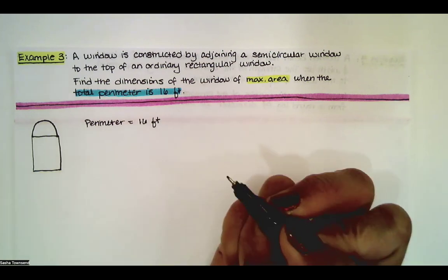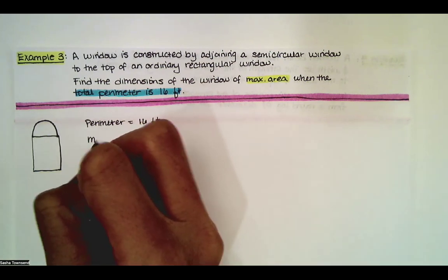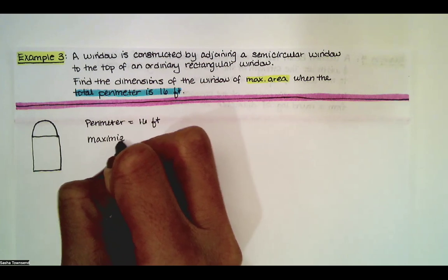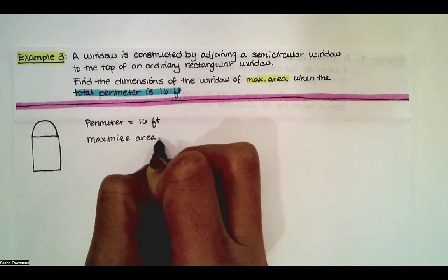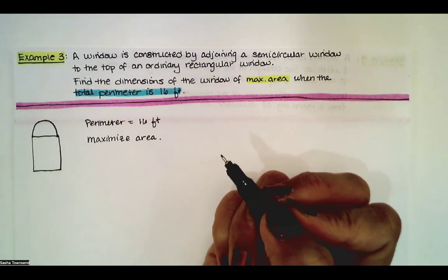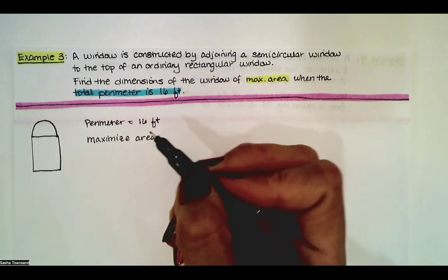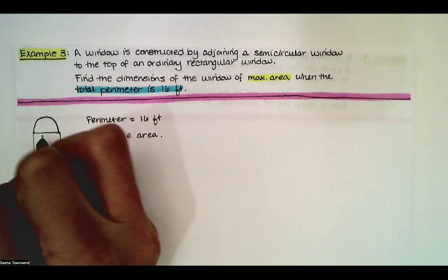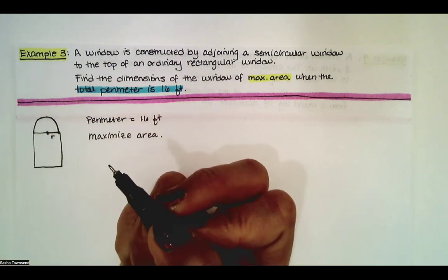16 feet, and we want to maximize the area. So to find that perimeter, let's just label some of these dimensions. I'm going to call this distance from here to here R, because it's a radius.